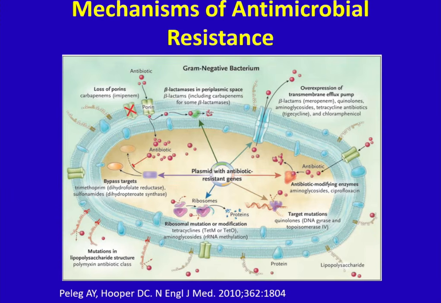You have different targets and mutations that affect the cell cycle that circumvent the armamentarium that we are trying to attack. Or you just bypass the targets altogether. Or you lose porins. Porins that normally would allow antibiotics to come in, the normal passageway, you block those off.